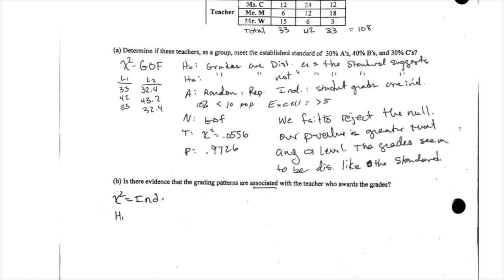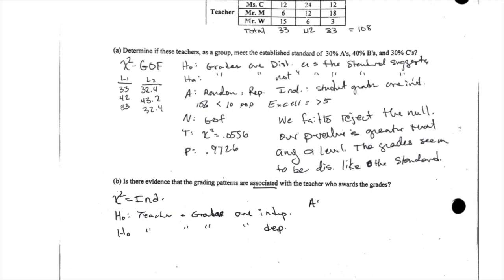Let's talk about the null. You would say teacher and grades are independent. The alternative: teacher and grades are dependent.